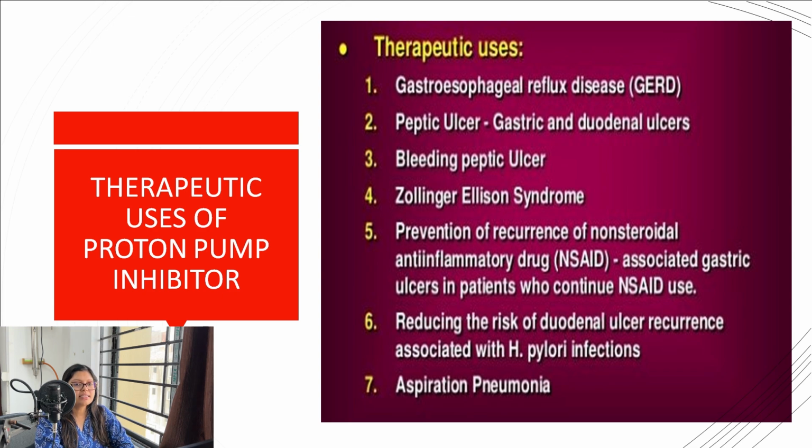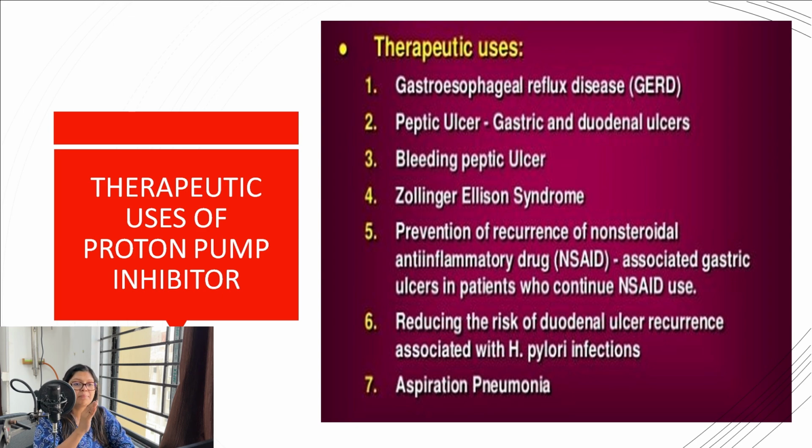Then comes the therapeutic uses of the PPIs, that is gastric ulcer, bleeding of ulcer, Zollinger-Ellison, then recurrence of the NSAIDs. Now what are NSAIDs? They are the non-steroidal anti-inflammatory drugs, and prolonged use of these NSAIDs also causes ulceration.